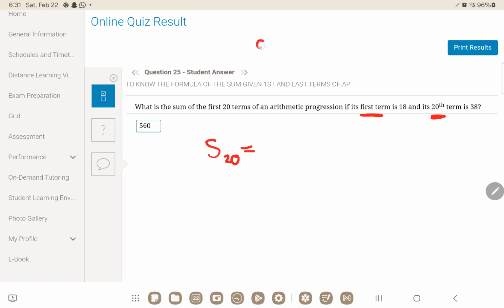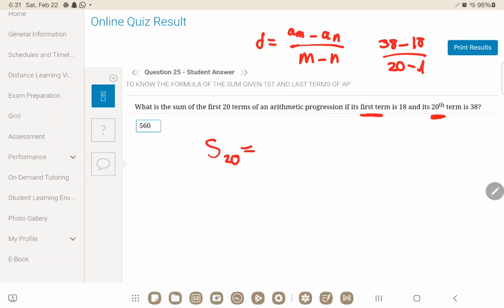Now when we want to find the common difference and they gave us two terms that aren't after each other, this is what you do. You do a_m minus a_n over m minus n. So you do the 20th term, which is 38, minus the first term, which is 18, over 20 minus the first term. Put that in your calculator, it's going to give you the common difference.